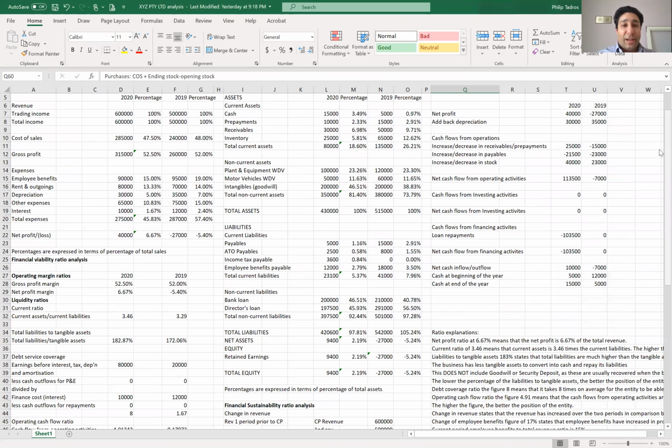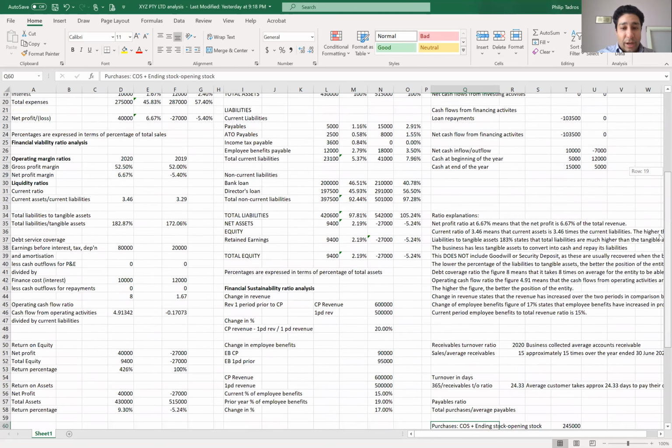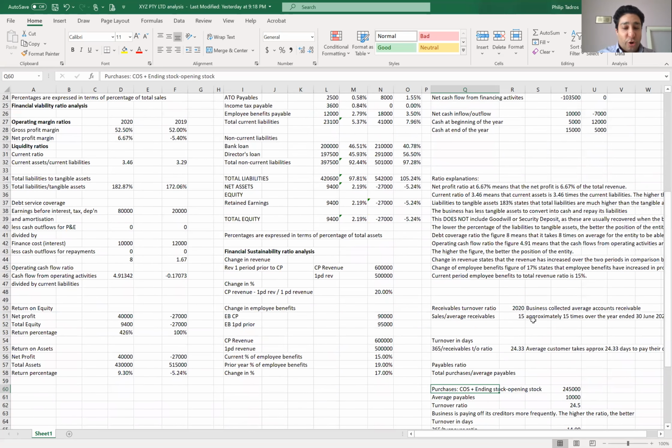So if you look at the income statement, there's your cost of sales, and in the balance sheet, there's your opening inventory, which is in fact your closing inventory in the previous year, and then that's your current closing inventory, and then you add those two and divide by 2 to get your average. But to work out your actual purchases, it's cost of sales plus the ending inventory minus your opening inventory.